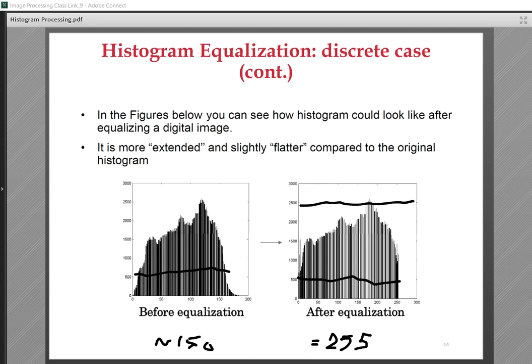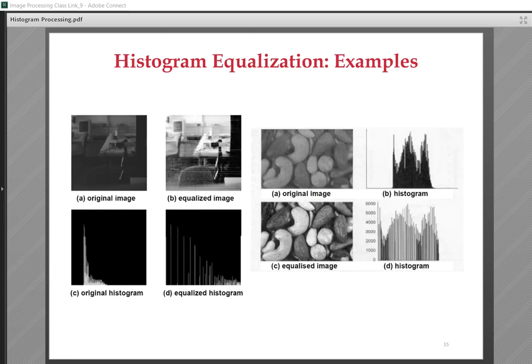Here in the figure below, you can see how a histogram could look after equalizing a digital image, from original to resultant. It's more extended here and slightly flatter.